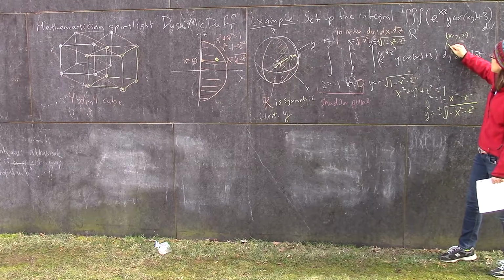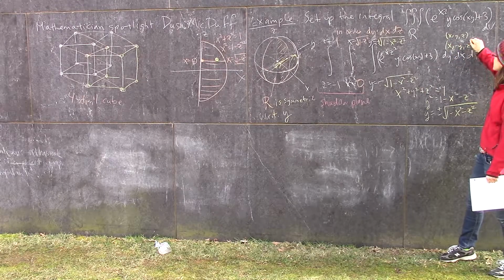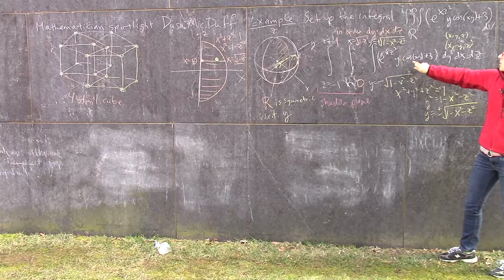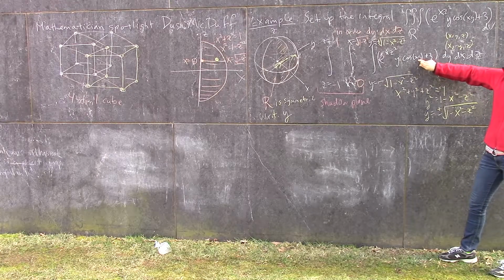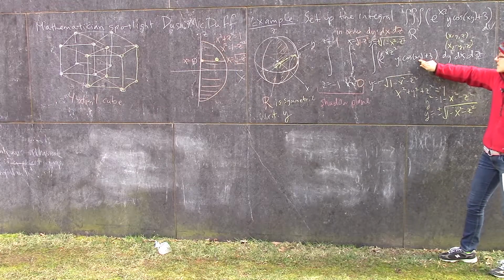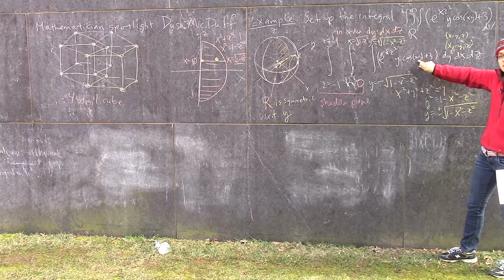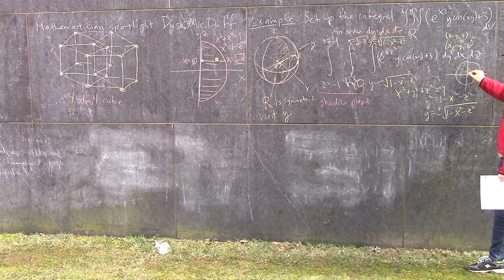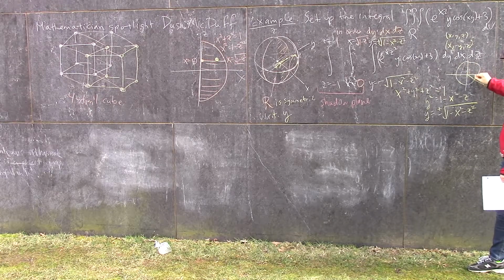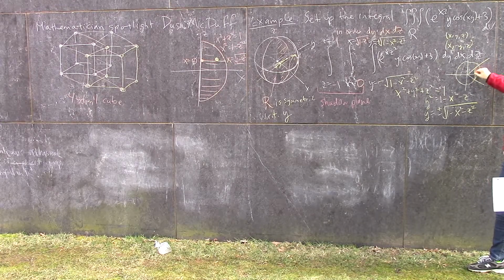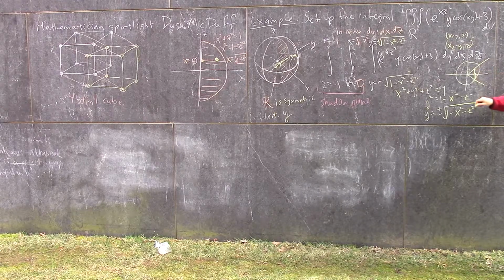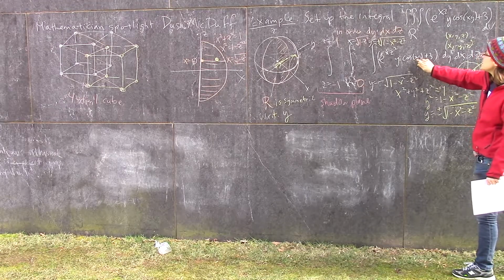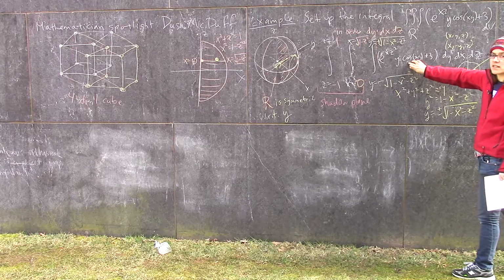Now suppose you put in the point x, negative y, z. Well, cosine of x times negative y is the same as the cosine of x times y, because if you put in a negative angle, the x value of that thing is the same as if you had put in the positive angle. So cosine of negative xy is the same as cosine of xy.